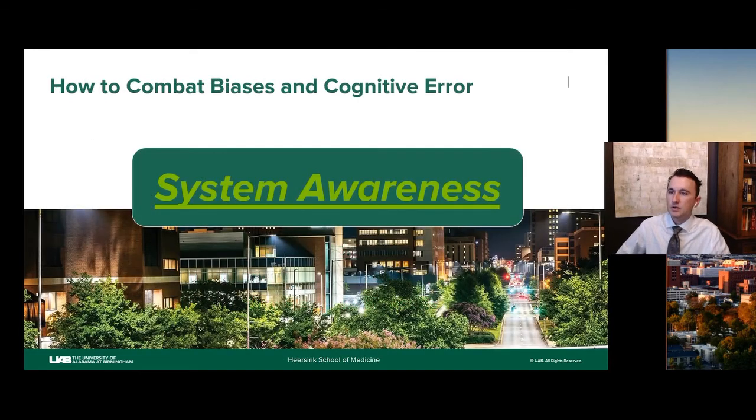All right, so the next thing that can be helpful in reducing cognitive error is recognizing and then compensating for the pitfalls of the system within which we work. Okay, so the second part, the compensating part, really is key.